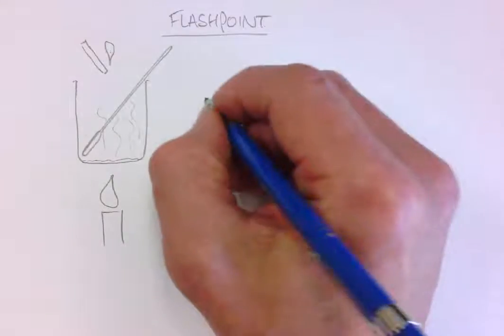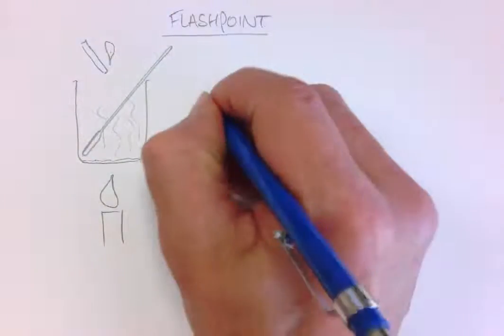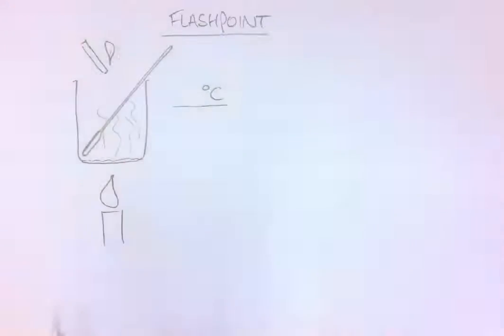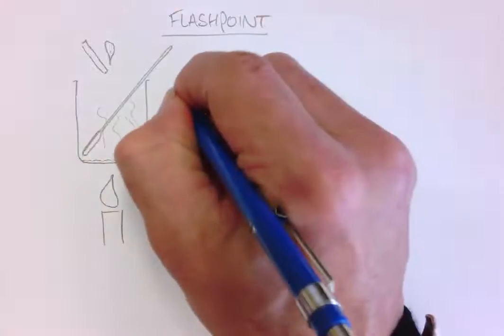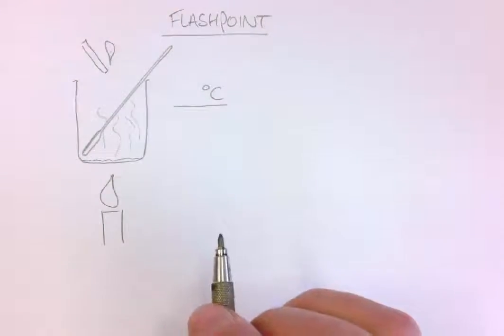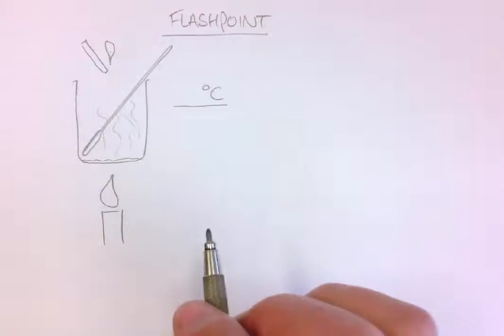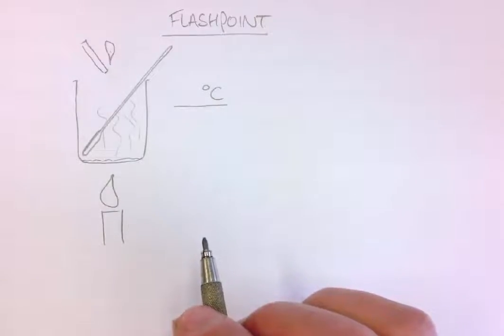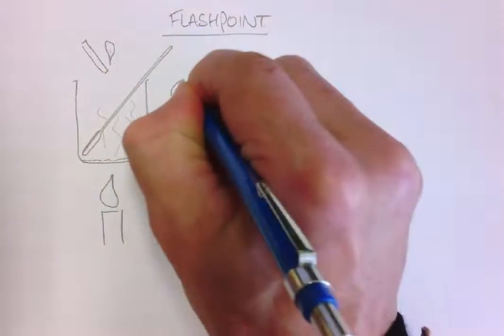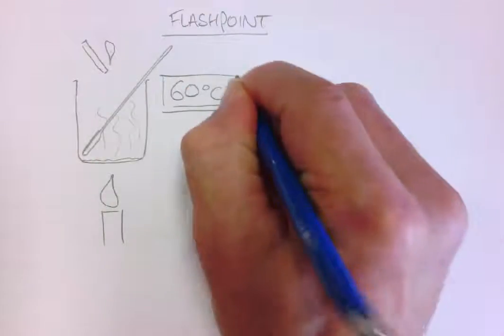So it's a particular temperature, normally given in degrees C, and there's a magic number in the maritime industry that, if we have a flash point above or below it, the fuel is considered to be volatile or more safe. And this number is 60 degrees C. So you need to remember that.